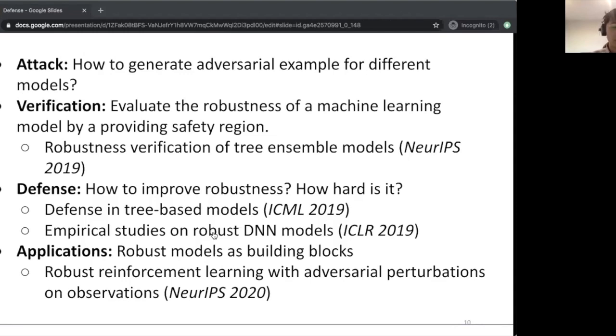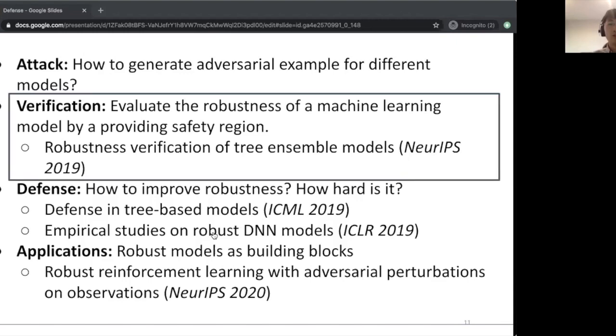And finally, I will present one of my pretty recent works on robust reinforcement learning, using robust training methods to build robust reinforcement learning agents. So first, I'll present the robustness verification method designed specifically for tree ensemble models.